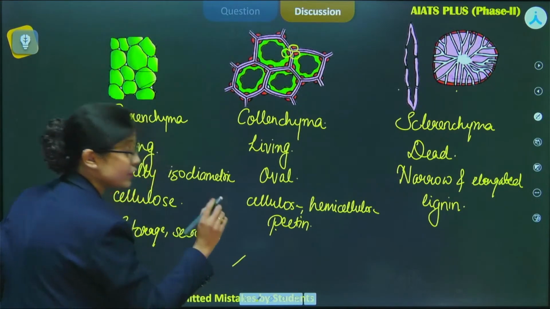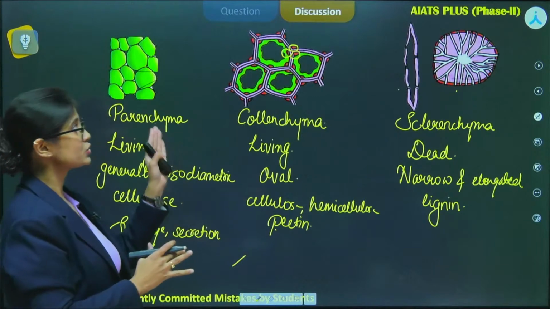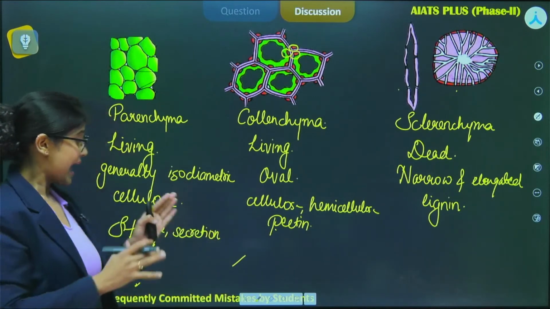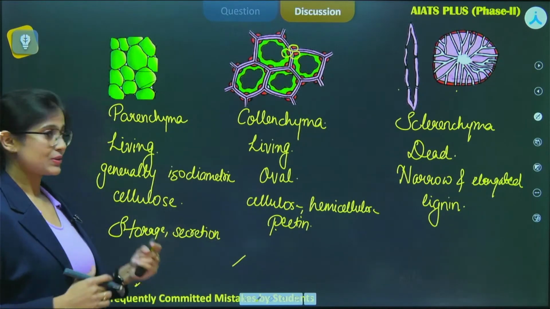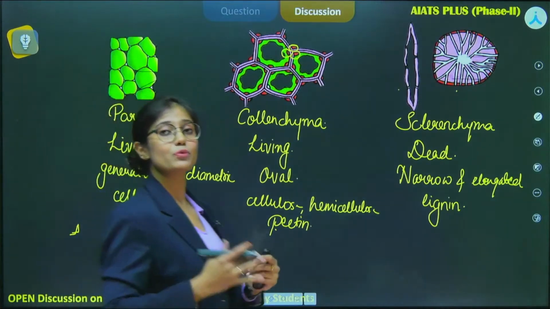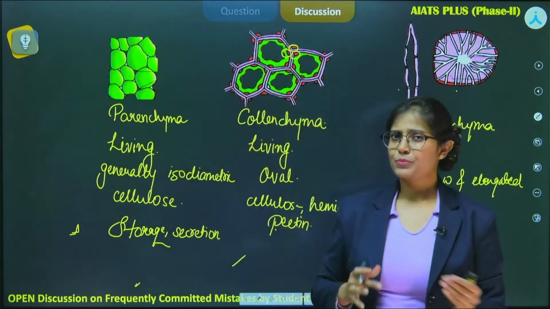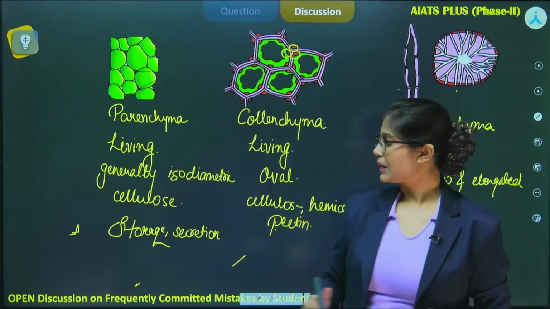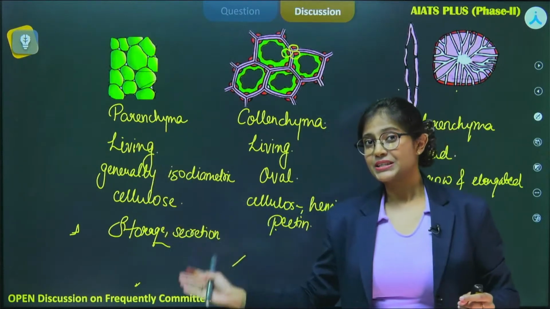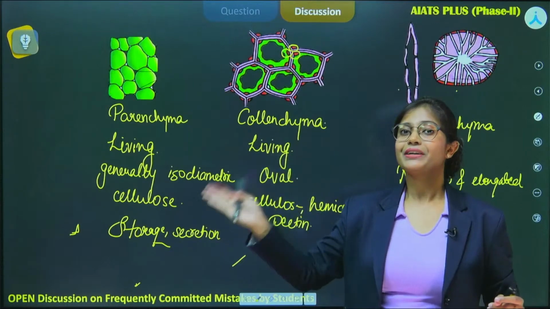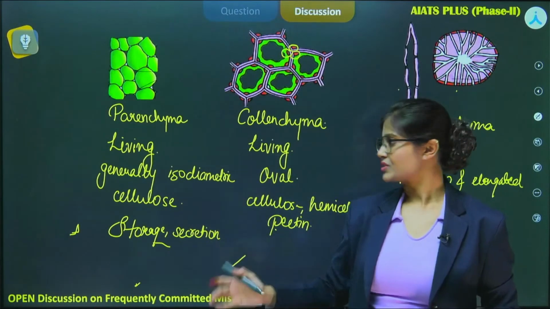If photosynthetic pigments are present, then it is known as chlorenchyma and performs the role of photosynthesis. And if buoyancy is needed for a plant, for example an aquatic plant, then air bladders are present in the parenchyma. Those are known as aerenchyma, which provide buoyancy to the plant.